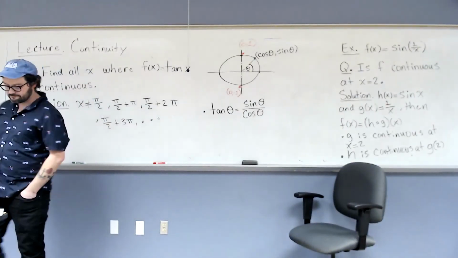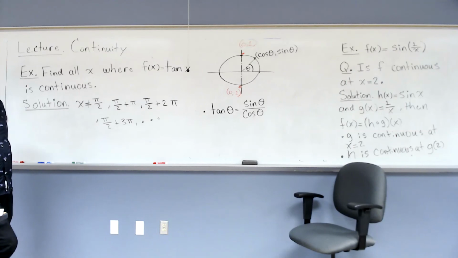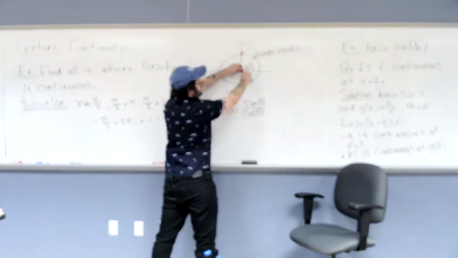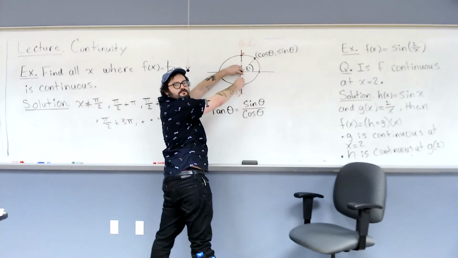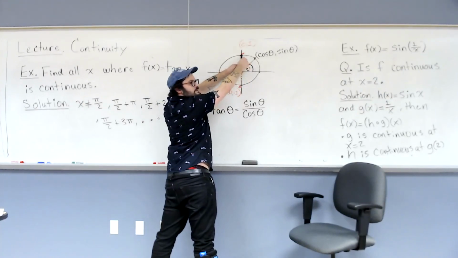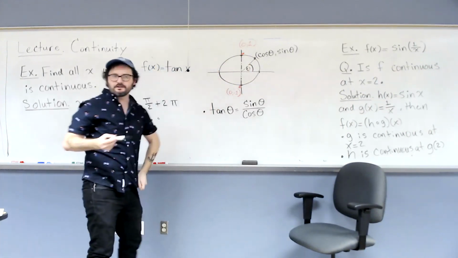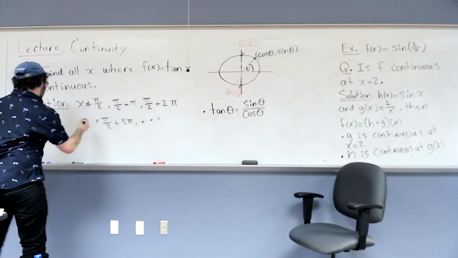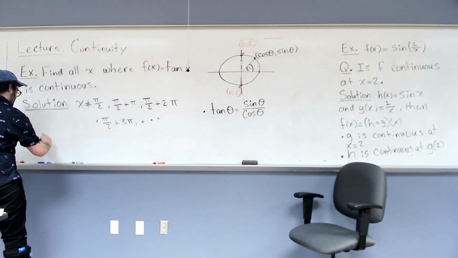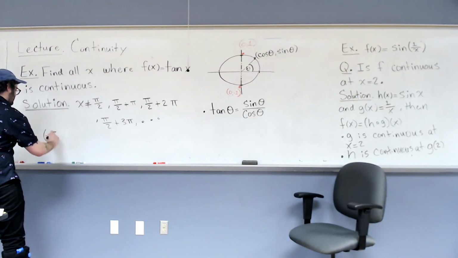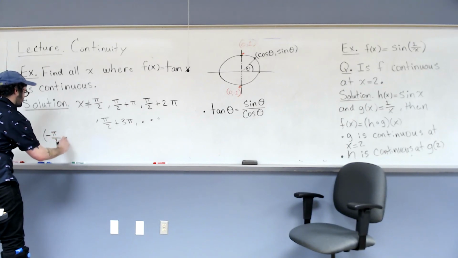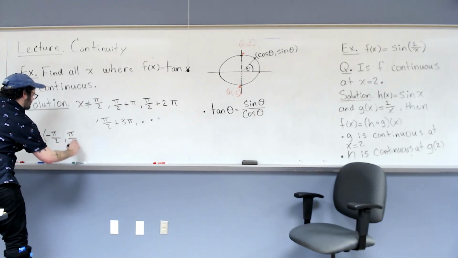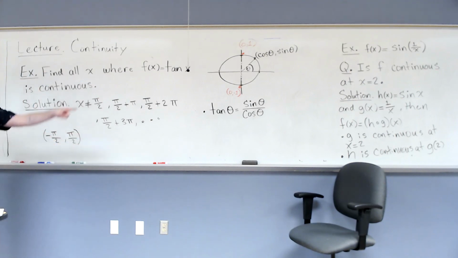So that angle down here is negative pi over 2, right? So from negative pi over 2 to pi over 2, we're good, non-inclusive. So these would be open intervals. So negative pi over 2 to pi over 2 is an open interval of values where tangent is good and continuous and nothing funny is happening. Okay? It's a ratio of 2 continuous functions. It'll be fine.